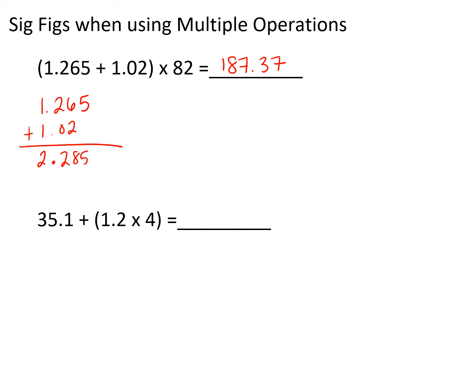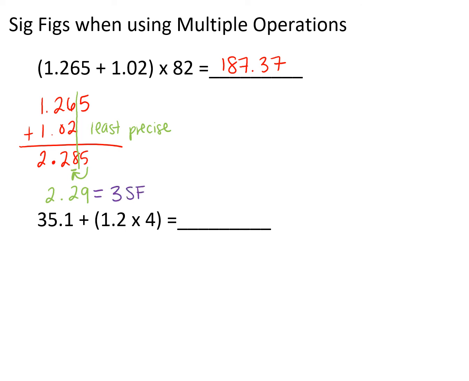Well, if I was thinking about the rules for addition, I would see that I would have to round to the hundredths place because the least precise number is 1.02. So I would have to round to this place value, which would give me 2.29. And 2.29 has a total of 3 significant figures in it.